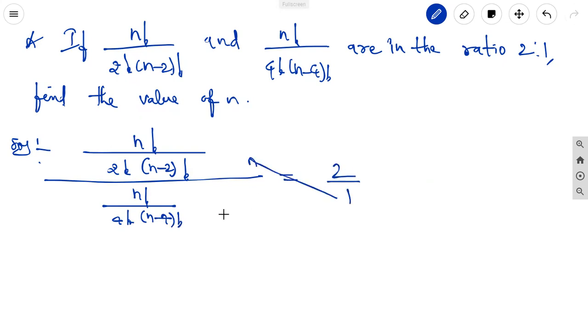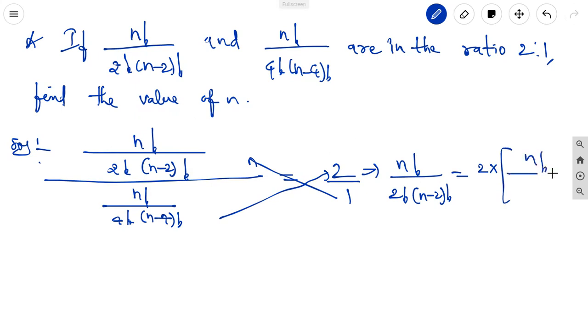Cross multiplying, n factorial by 2 factorial into n minus 2 factorial equals 2 into n factorial by 4 factorial into n minus 4 factorial.